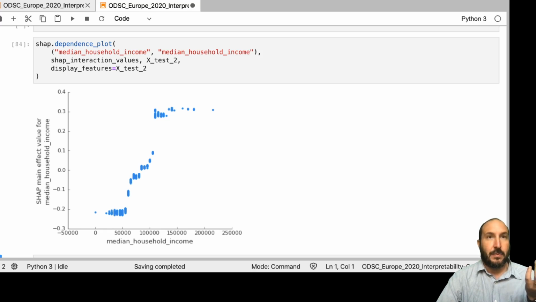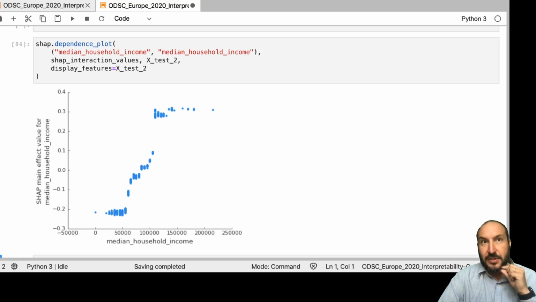Each dot represents a particular data point in the test set. And what this means is when I learned someone lived in a zip code with a high household income, it always, in this case, increased the model's perception of their probability of buying an umbrella policy. On the log odds scale, it increased it by about 0.3.